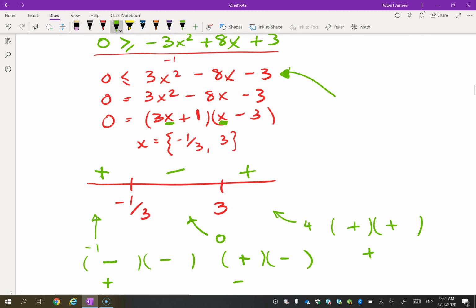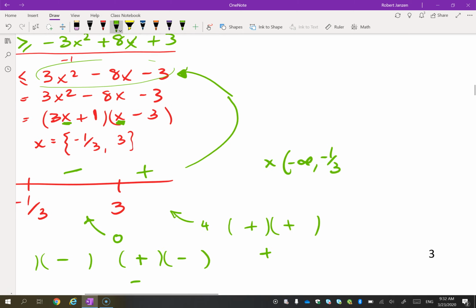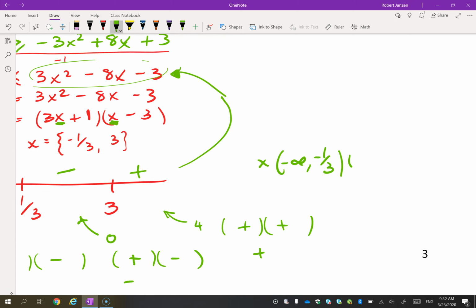Now what did I want again? I'm looking here. And I wanted, where is this entire thing greater than or equal to 0? Well, that means where is it positive? So my solution will be from -infinity all the way to -1/3, or 3 to infinity.